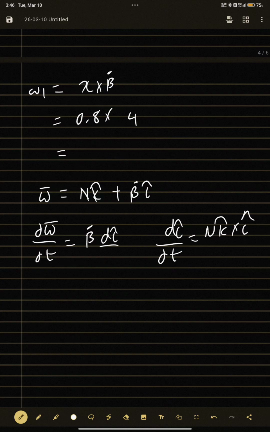And what is di dt? k cross I. K cross I क्या होगा? J. So your angular velocity is beta dot n.